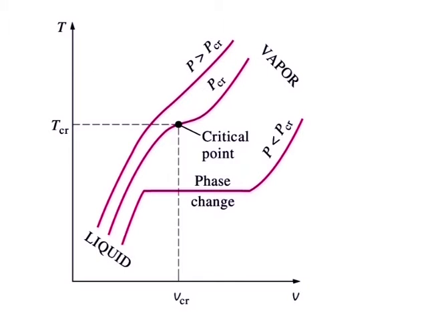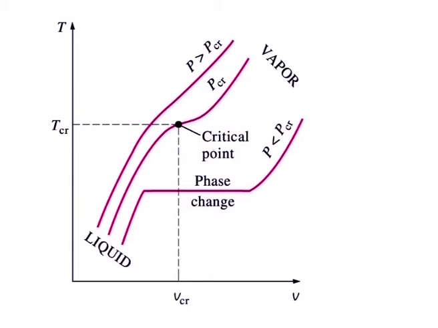At pressures above the critical pressure, there is not a distinct phase change process. Instead, the specific volume of the substance continually increases and at all times there is only one phase present. Eventually, it resembles a vapor, but we can never tell when the change has occurred.